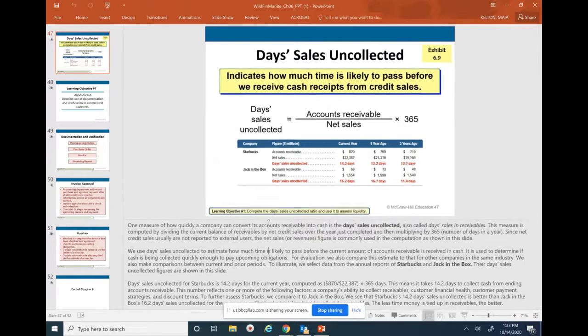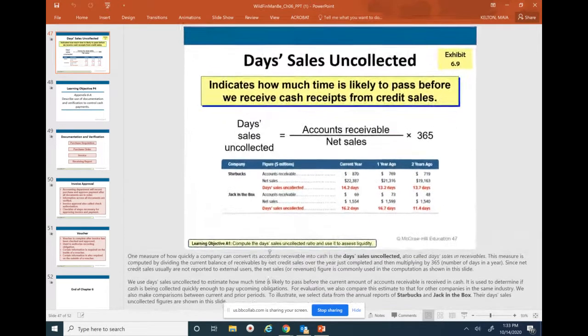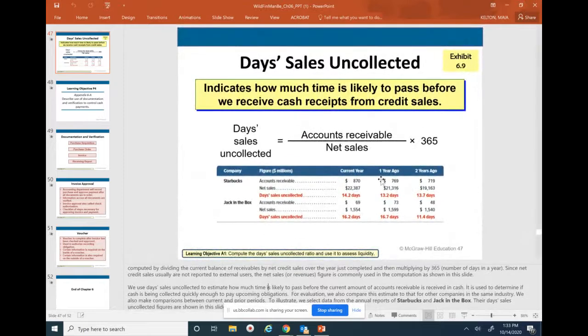This ratio is computed by taking accounts receivable and dividing them by net sales. Once we are done with that, we can multiply that ratio by 365 days, and this will tell us how many days those accounts receivable stay uncollected.